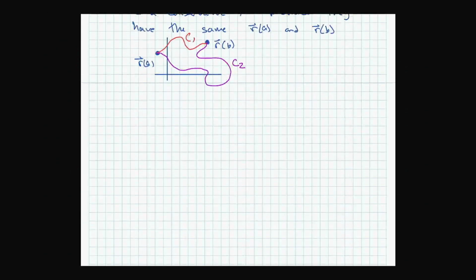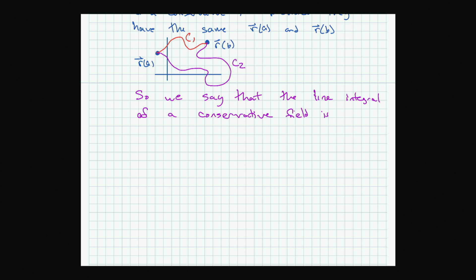Okay, so what that's telling you is we say that the line integral of a conservative vector field is independent of the path.